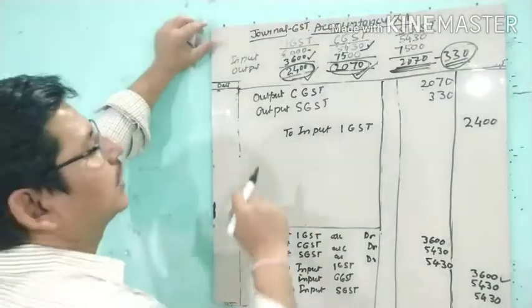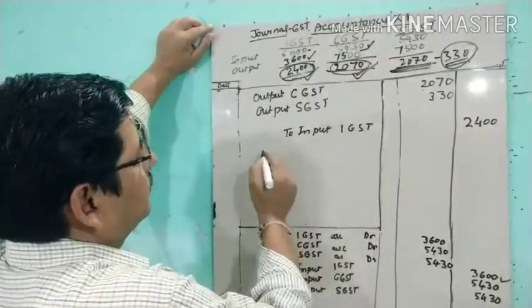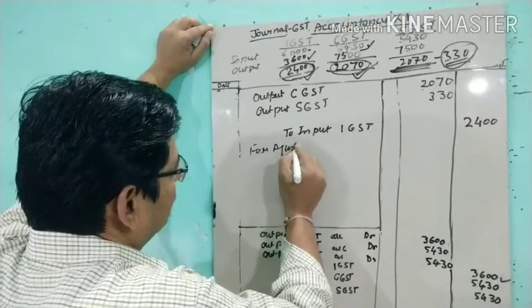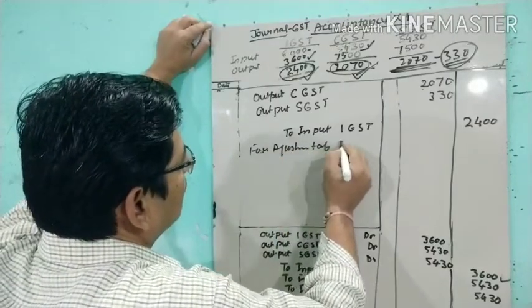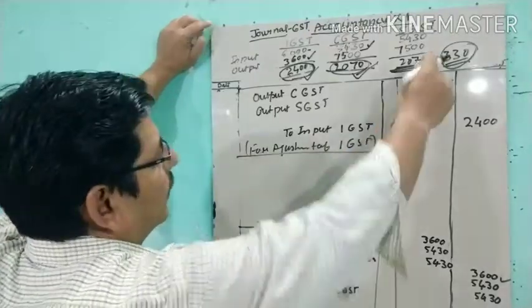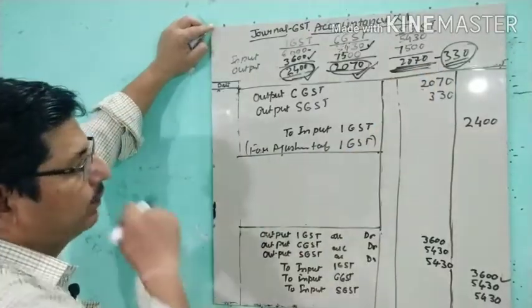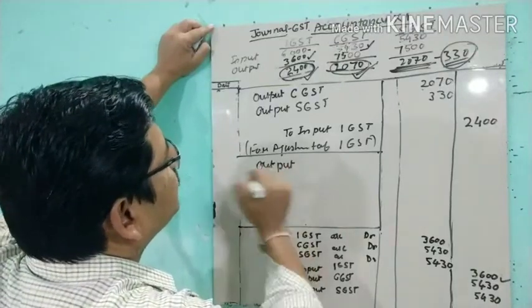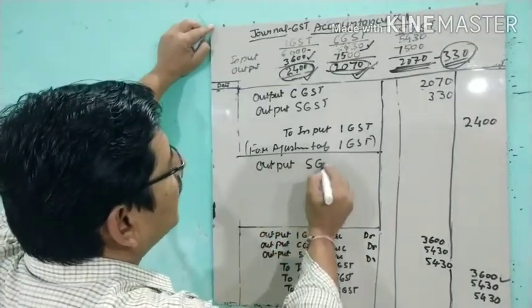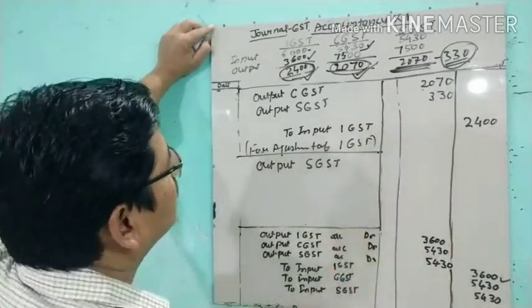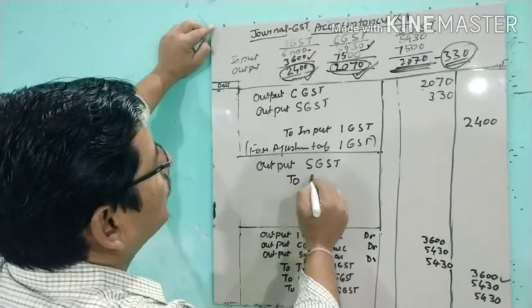So for adjustment of IGST, 330 will be adjusted, output SGST. How much remained? To bank.